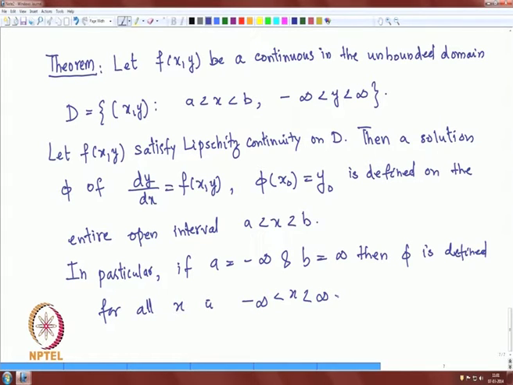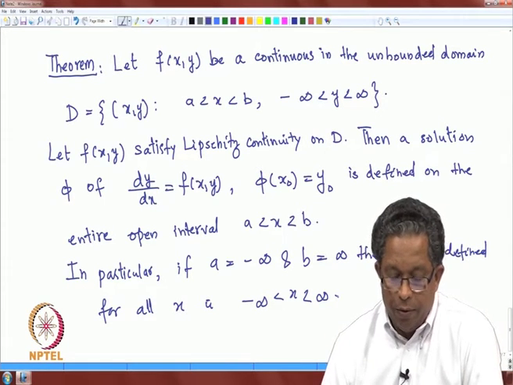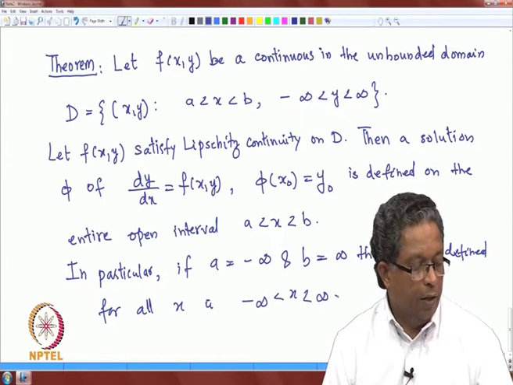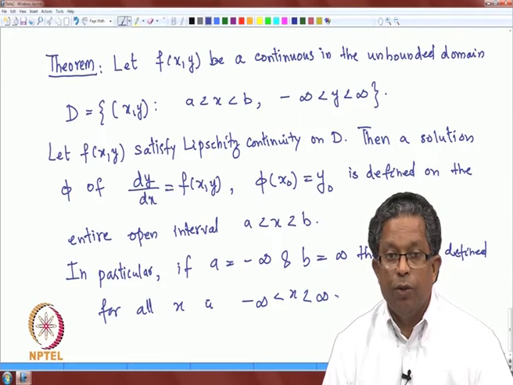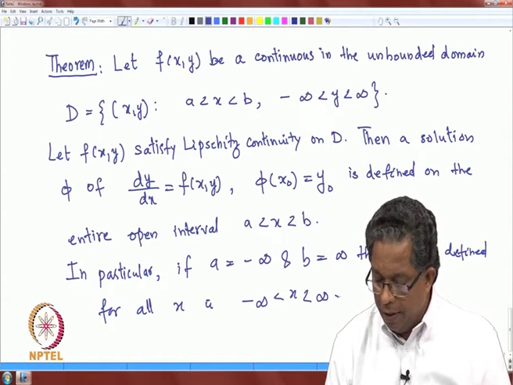So, here the solution exists globally. Therefore, if f is Lipschitz on an unbounded domain, then one can expect a solution on the entire real x axis.